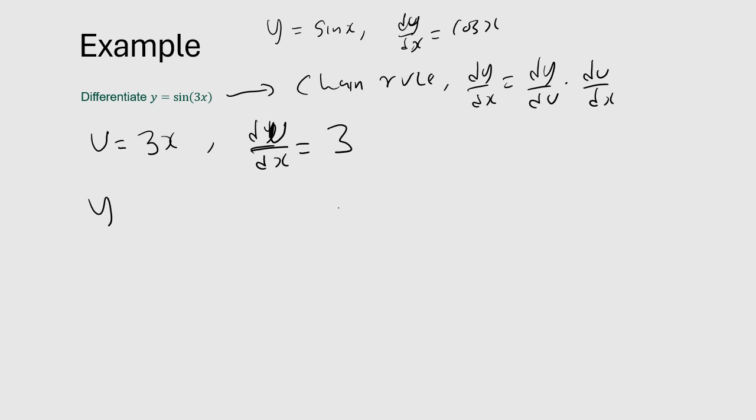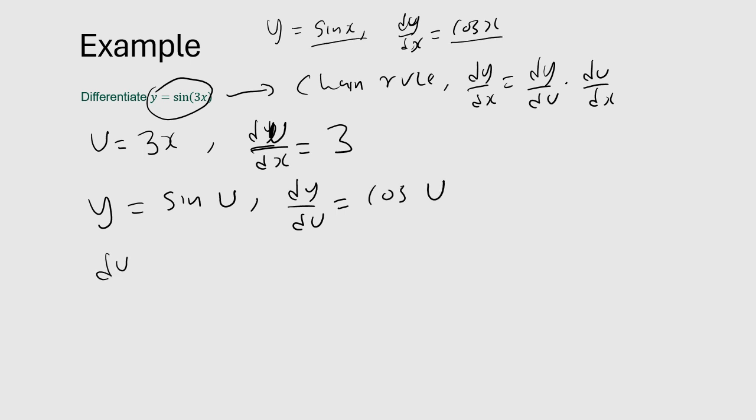Then our y is equal to sine 3x. I can just write y equal to sine u, since 3x is u. Then dy over du, if you remember, if it is sine x, the derivative is cos x, so if it is sine u, the derivative is cos u. Then I can just use my formula: dy over dx is equal to dy over du times du over dx. dy over du is cos u times du over dx, which is 3.